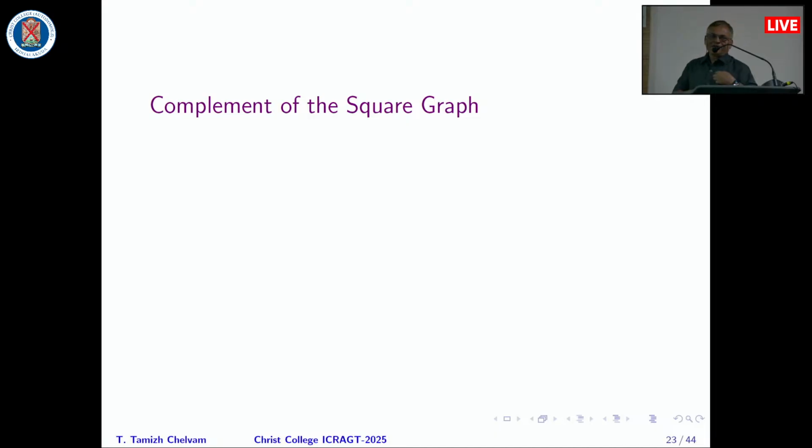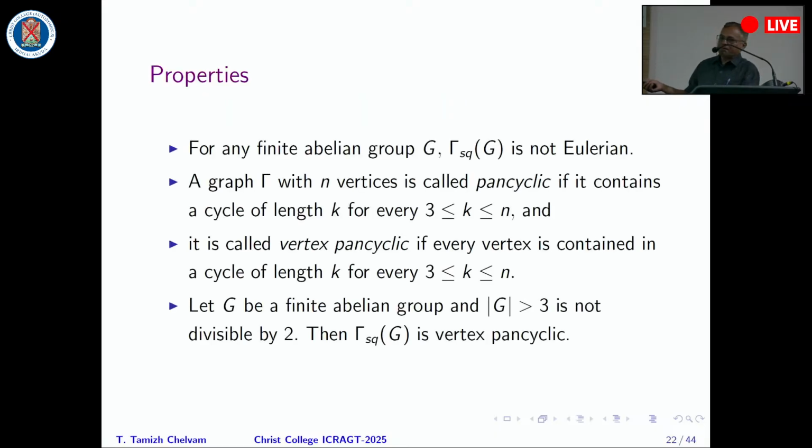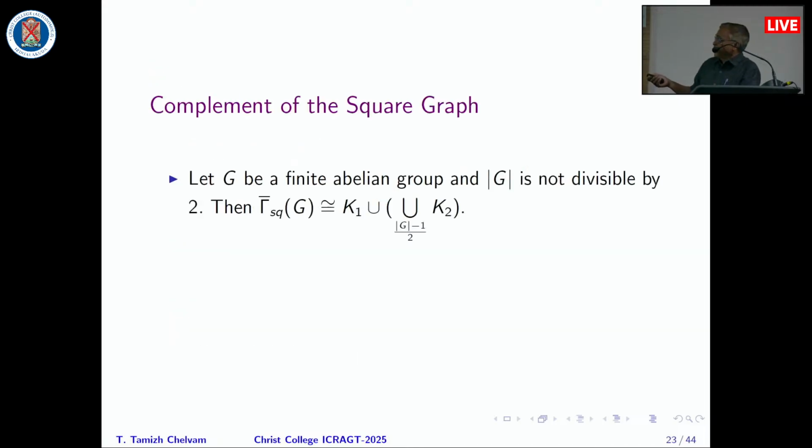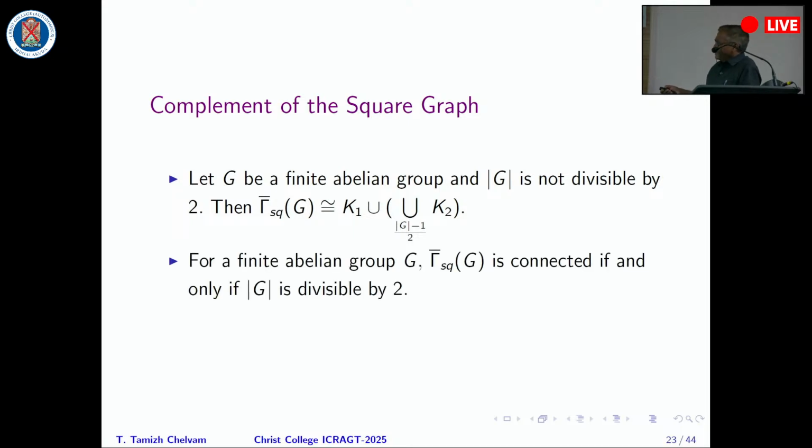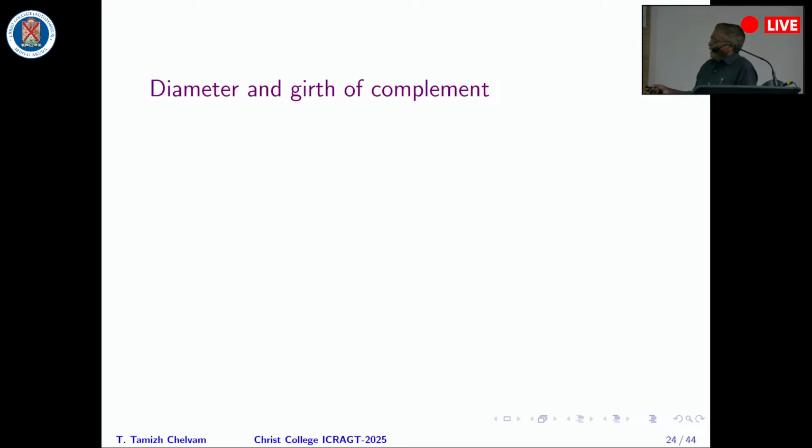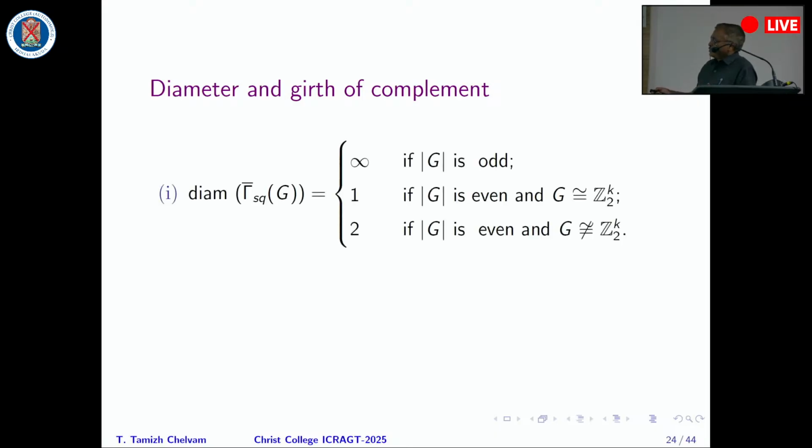And of course, having done something on the square element graph, why don't we consider its complement? Of course, the previous part appeared in AKC, and this complement has appeared in the Houston Journal of Mathematics, and we could determine the structure of the complement. It is connected if and only if the order of G is even, and the same thing, the diameter is known.